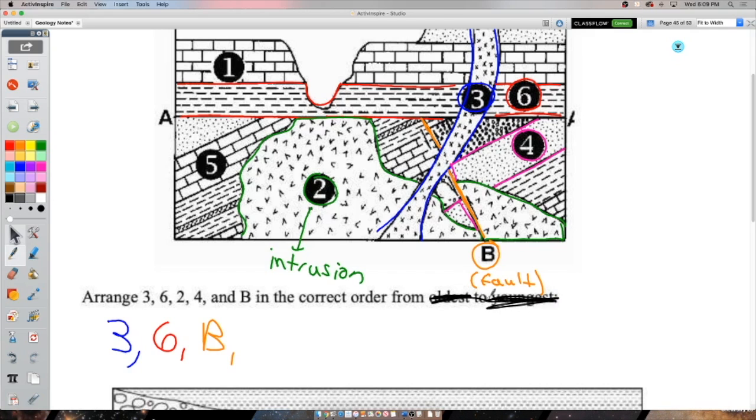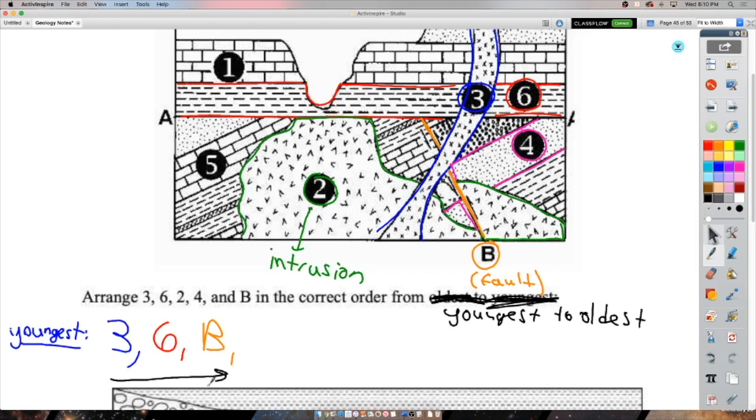I've been doing youngest to oldest. Sorry. Okay, I'm going to change that to youngest to oldest. Sorry if you were confused reading that. Okay, so since 4 already existed when 2 was born, 4 must be older than 2. So 2 is the next youngest, right? And then B cracked it. But before 2 intruded into it, 4 had already existed.